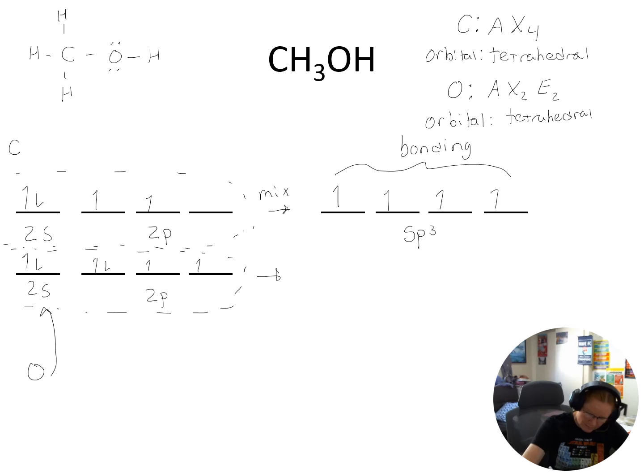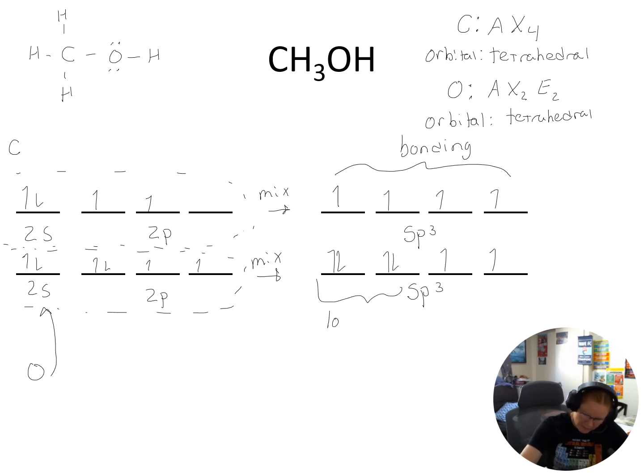We'll mix them. And once again, we'll get sp3. 1, 2, 3, 4, 5, 6. So here are my lone pairs. And here are my bonding.